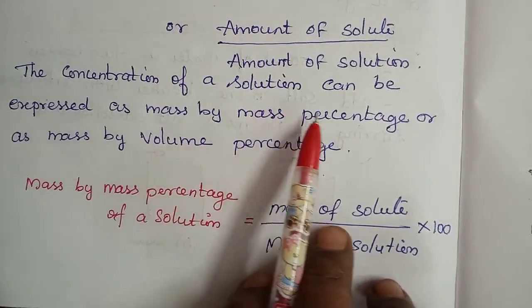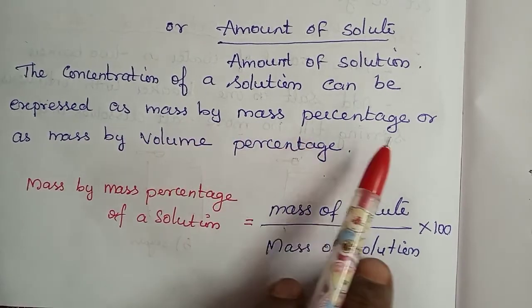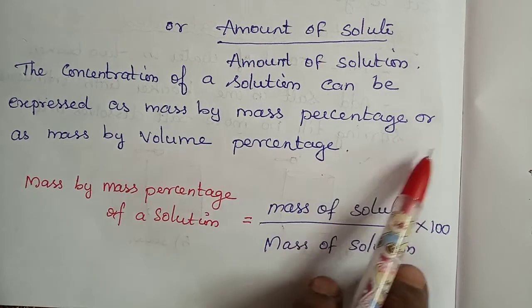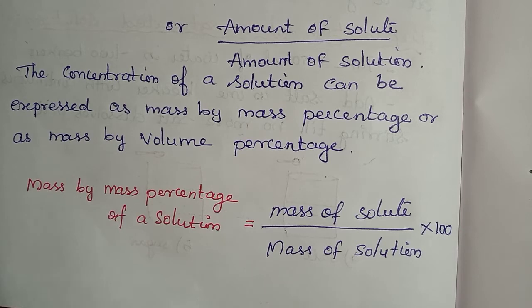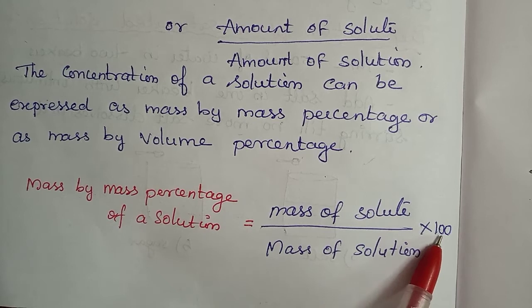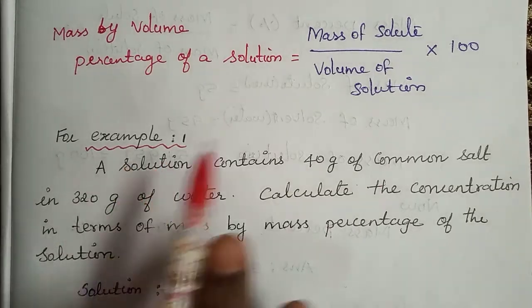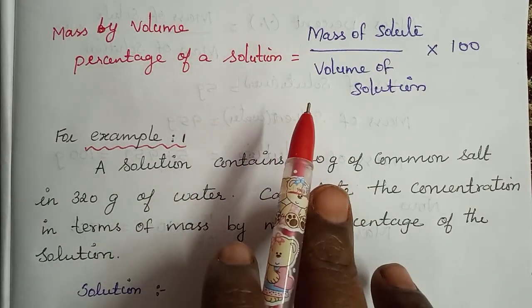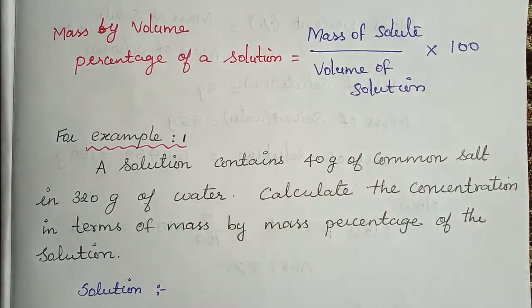It can be expressed as mass by mass percentage or as mass by volume percentage. Mass by mass percentage of a solution is equal to mass of solute by mass of solution into 100. Mass by volume percentage of a solution is equal to mass of solute by volume of solution into 100.